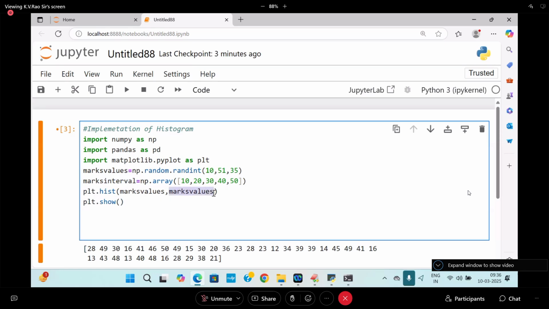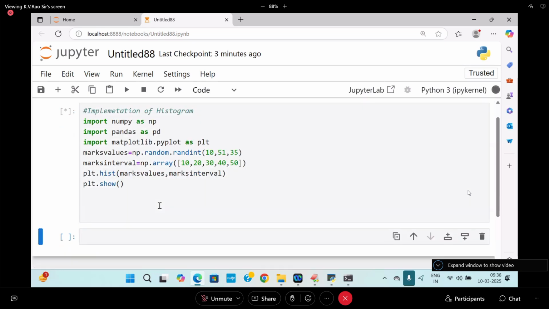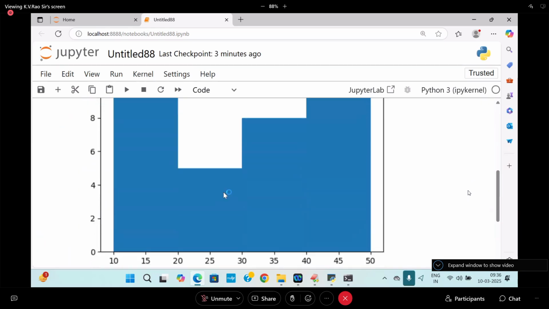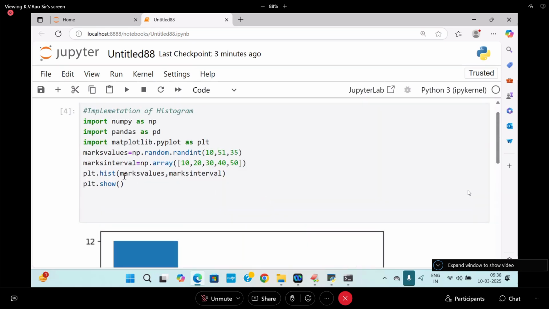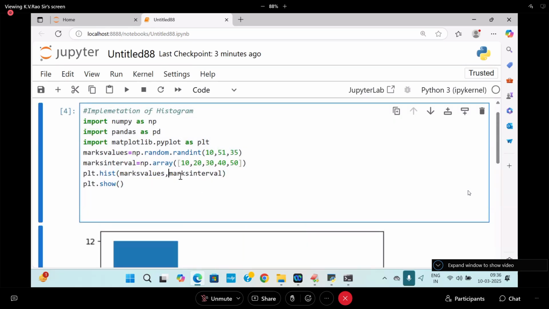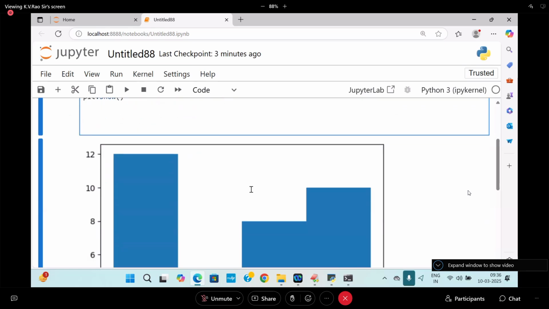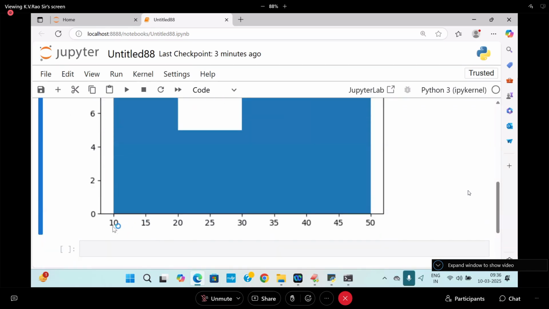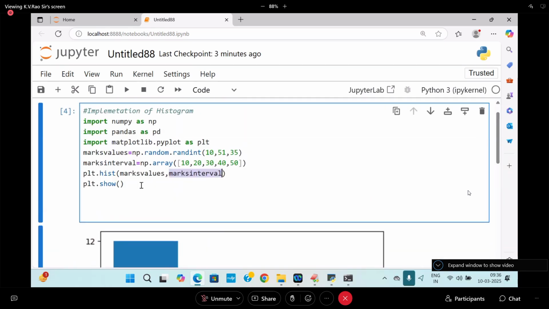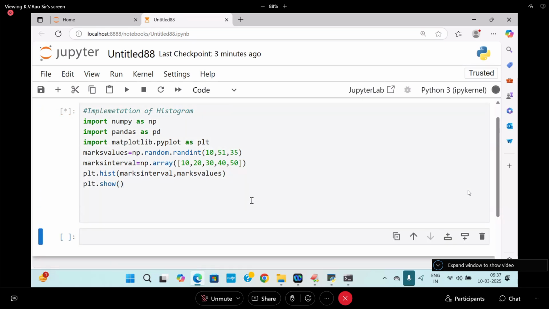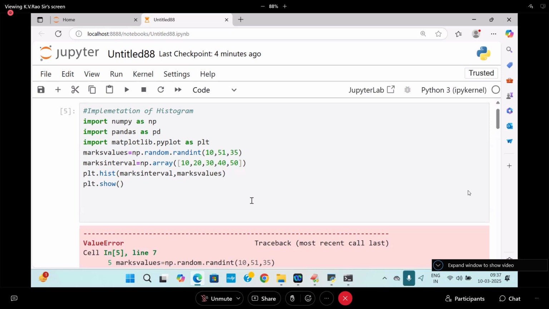So I'm going to show you here. Try to follow me. You are going to get something like this. Are you following me now? Be careful. Marks values and then marks interval. If you take it like this, some error will be coming.